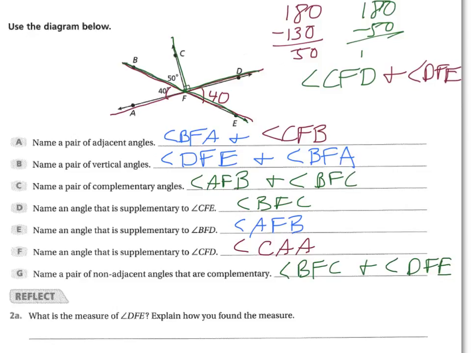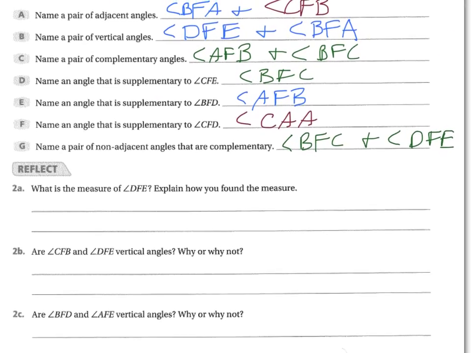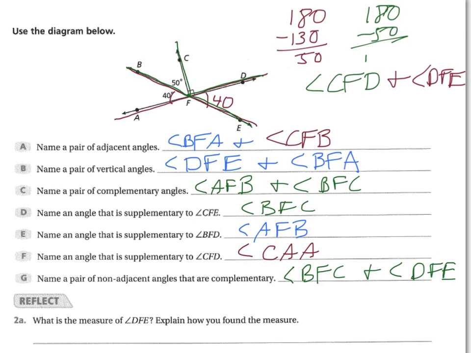We are looking at DFE, trying to find the measure of DFE. Here is DFE. Well, we already found that it was 40 degrees. We said it because it was vertical from this angle right here.